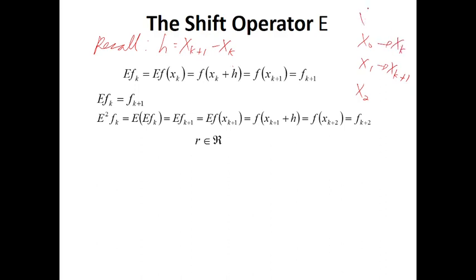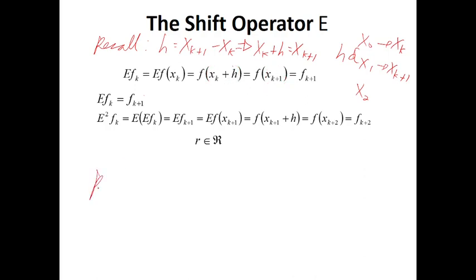So if that is our x sub k, then that is our h. H is x sub k plus 1 minus x sub k. Let's rewrite, so that is simply x sub k plus h is equals to x sub k plus 1. X sub k plus h is equals to x sub k plus 1. That's it.